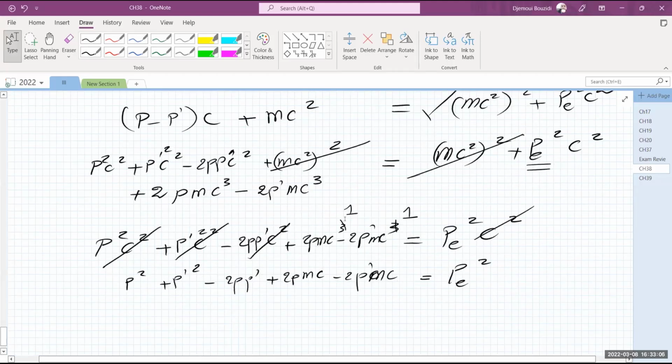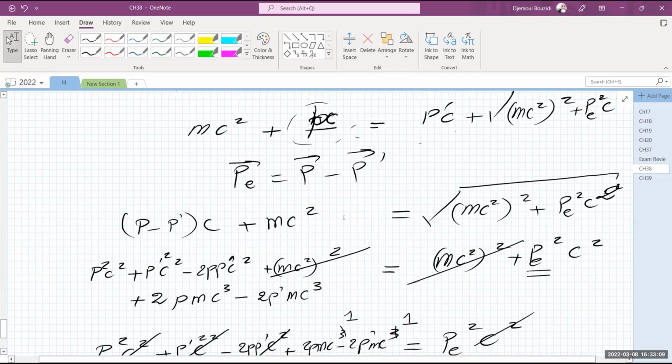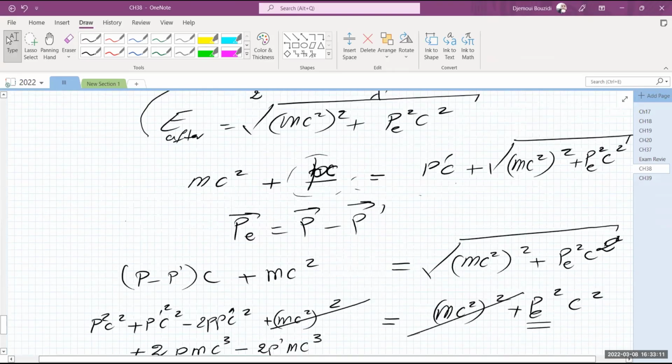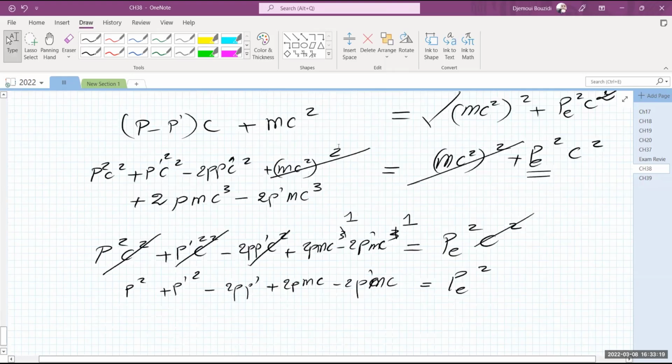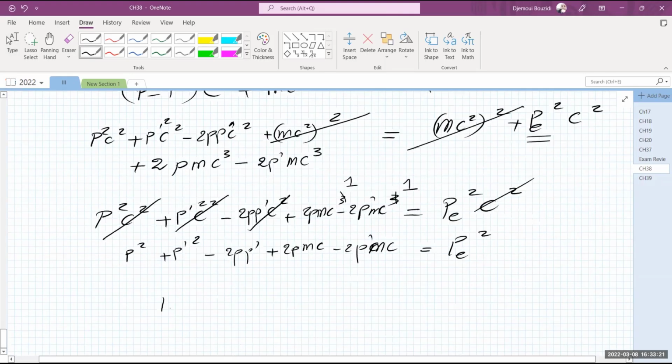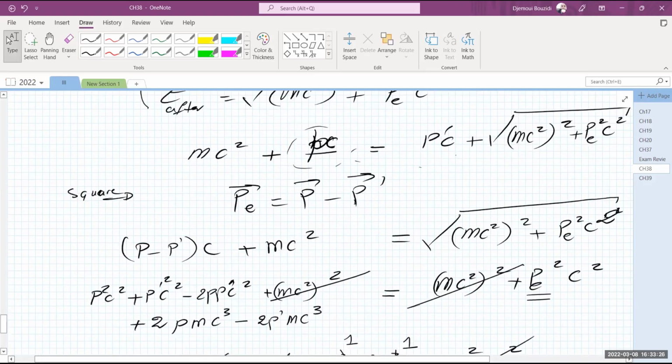Let me go back into this vector relationship. I'm going to square that relationship. So that gives me P_e squared on this side. And basically, when you square a vector, you multiply it by itself.